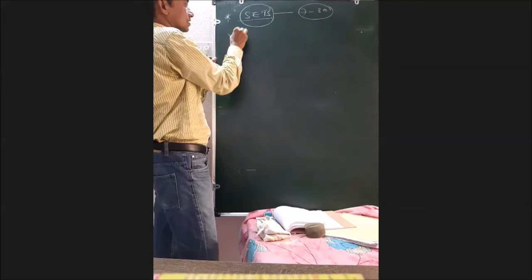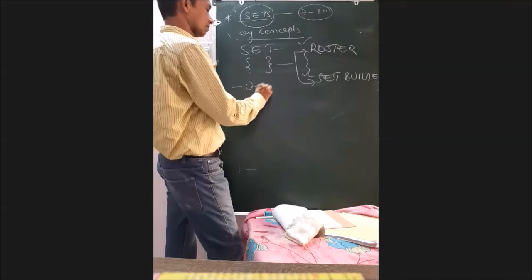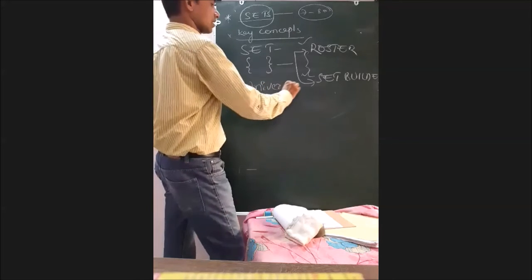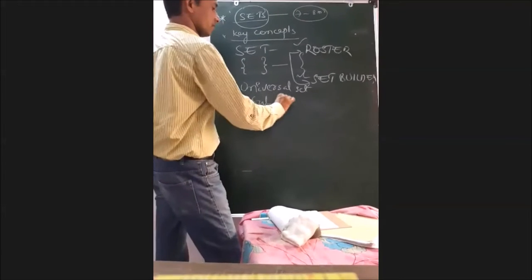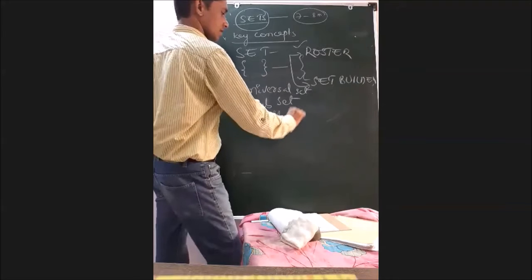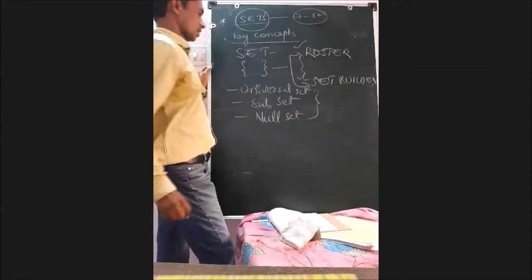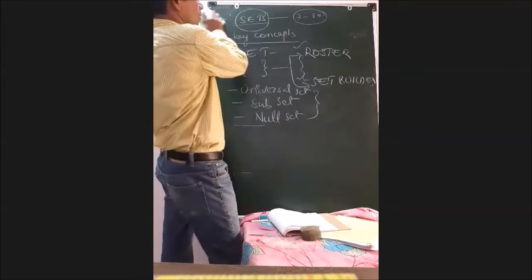If you are aware of these two kinds, it will be very easy. And I will tell you one more: the universal set, then subset and null set. And operations on sets.